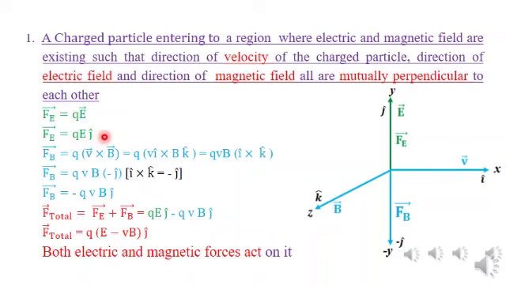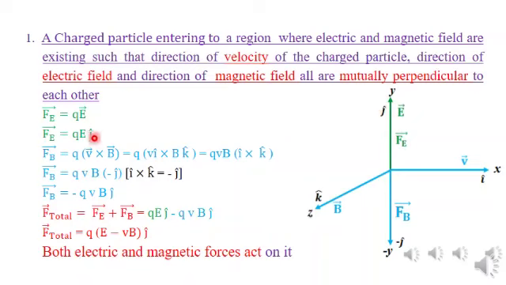That is, vector F_E equals QE into j cap. So, we can conclude that the magnitude of the electric force is QE, and it acts along the y-axis since its unit vector is j cap.